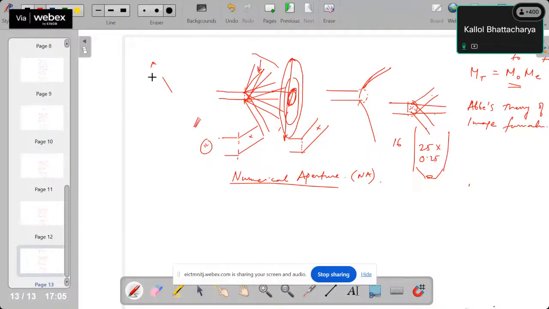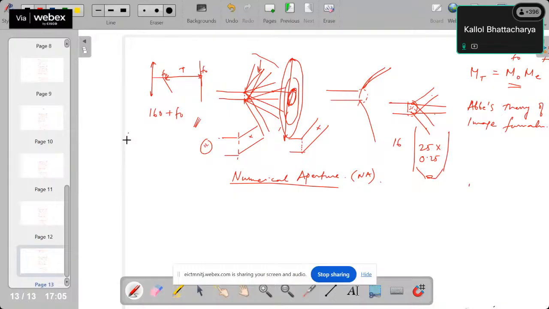If this was the objective lens, this is FO from here to T. This is T, the tube length, and this is FO. The intermediate image is formed here. So, given a particular microscope objective, the image distance is T plus FO. That is always true. That is 160 plus FO.